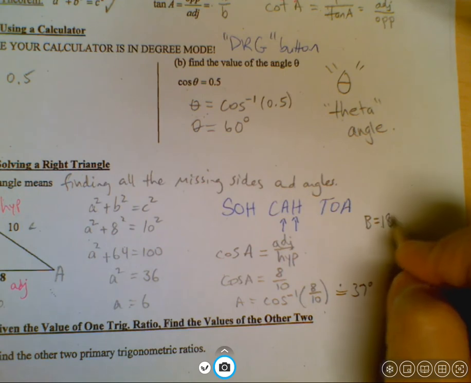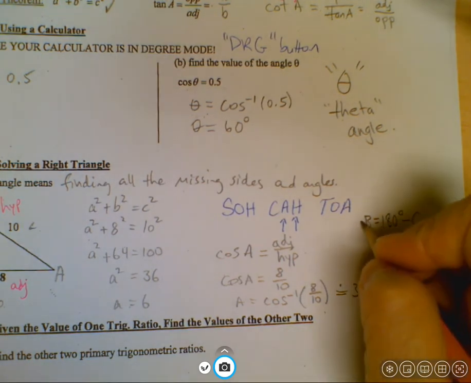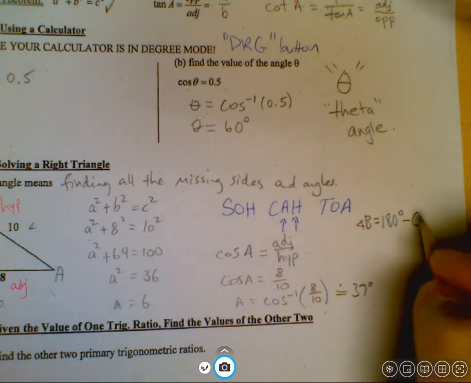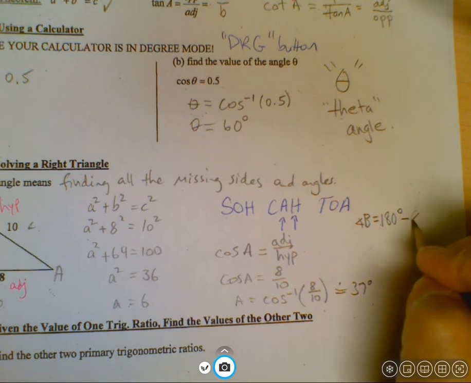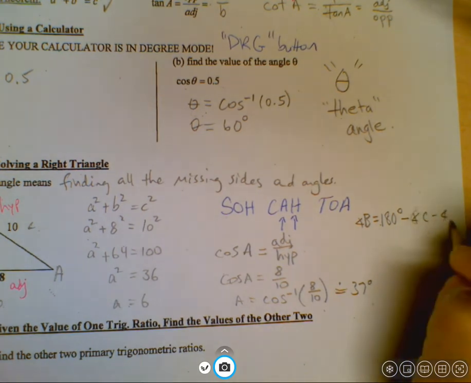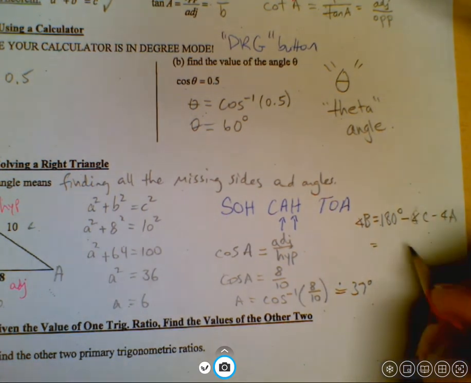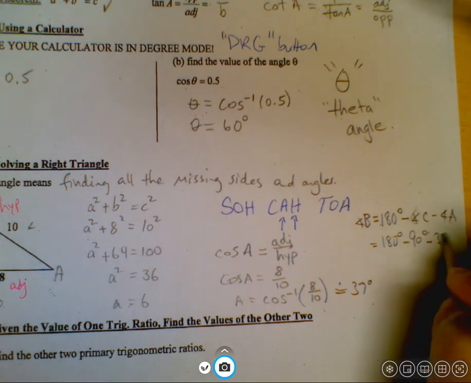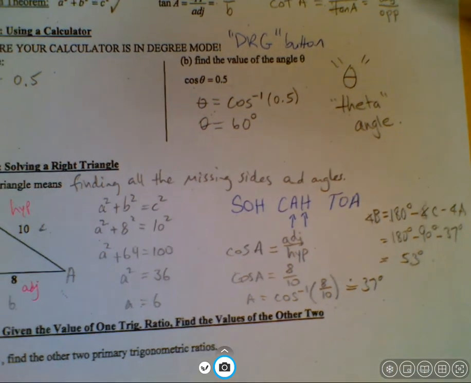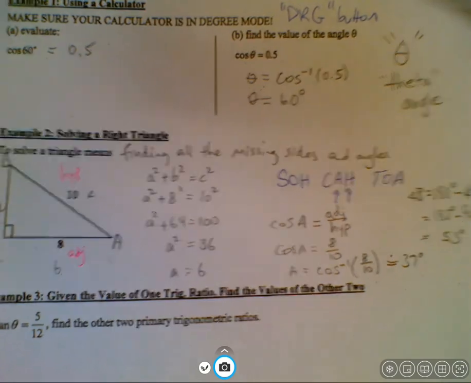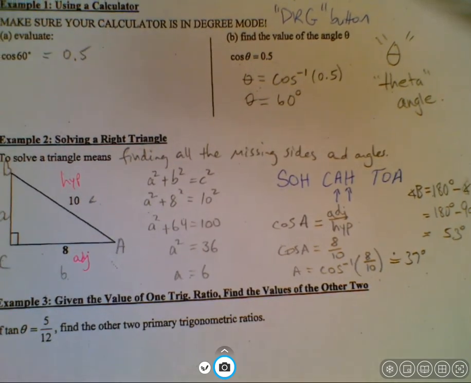So angle B is 180 degrees minus angle C minus angle A. Okay, and that's 180 degrees minus 90 degrees minus 37 degrees. And if you put that in the calculator, you get 53 degrees. So now we've solved the triangle because we found all of the missing sides and angles.